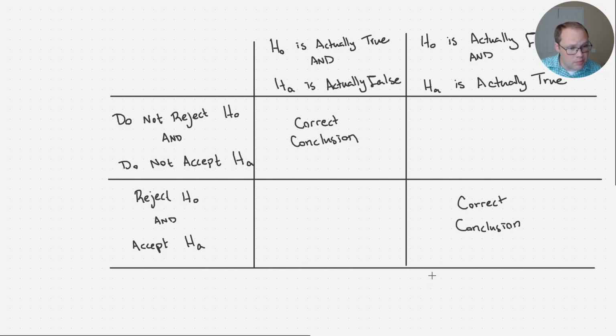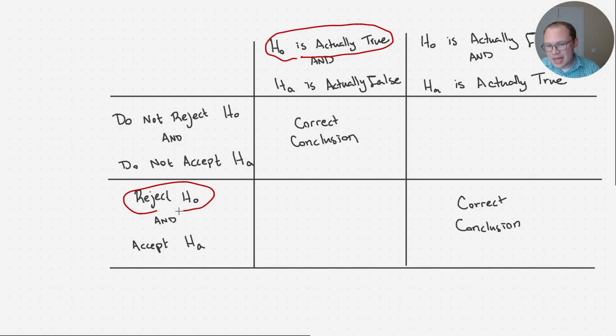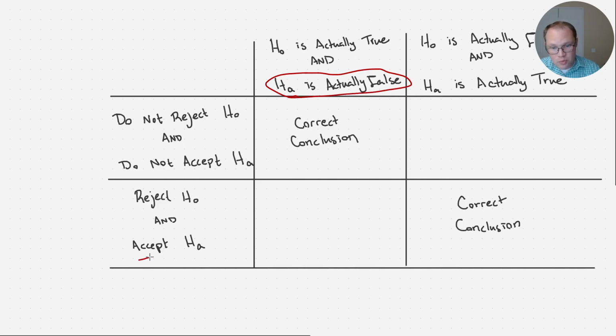But sometimes, even despite our best efforts, even if we do all the math correctly, we come to the wrong conclusion. Maybe the null hypothesis is actually true, and we decide based on the evidence to reject it. Maybe the alternative is actually false, and we decide based on the evidence to accept it. This would be an error. We would be coming to the conclusion that is not what is actually happening.